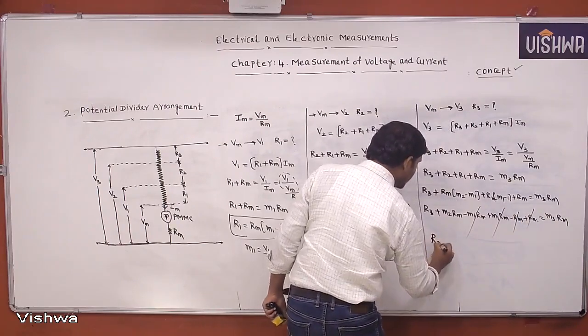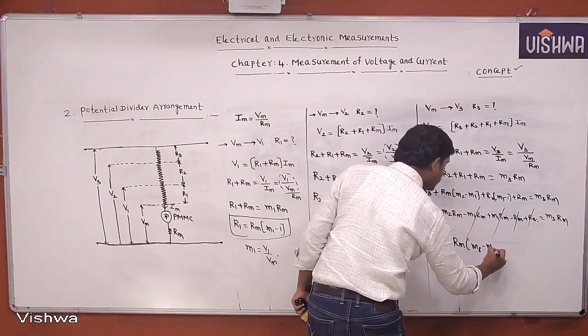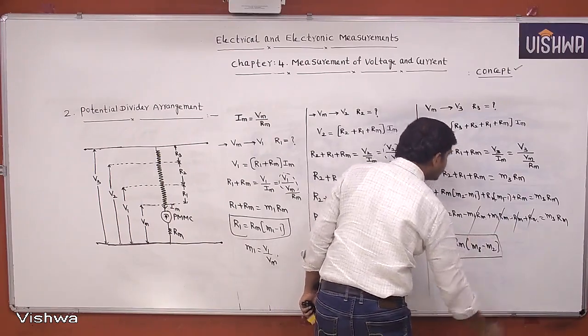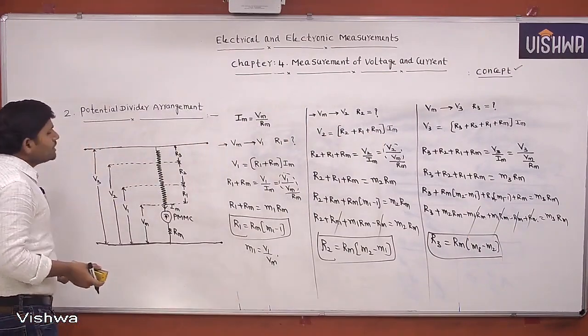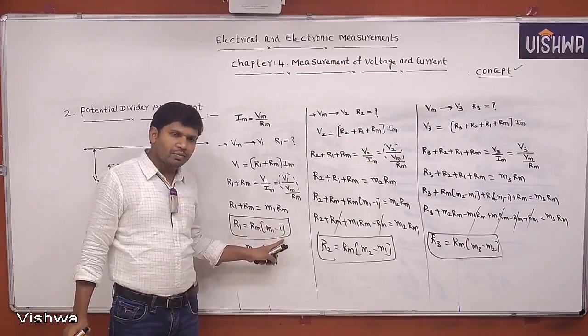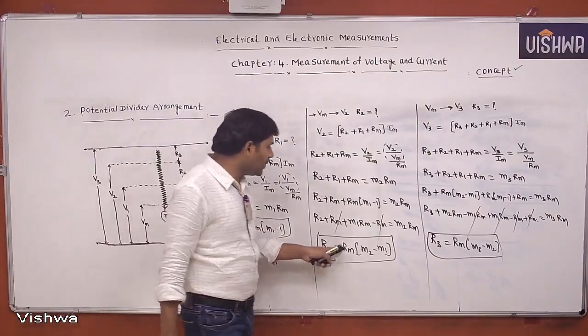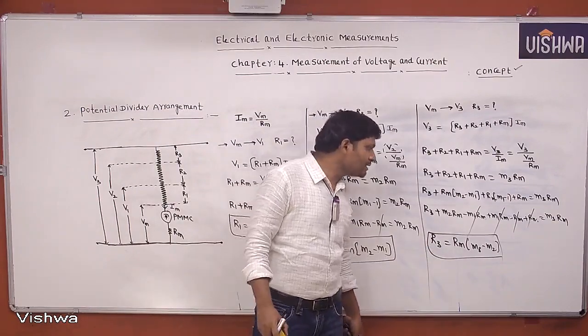Then R3 equals Rm into M3 minus M2. This is the design of R3. That means by using this potential divider arrangement, R1 equals Rm into M1 minus 1, R2 equals Rm into M2 minus M1, R3 equals Rm into M3 minus M2.